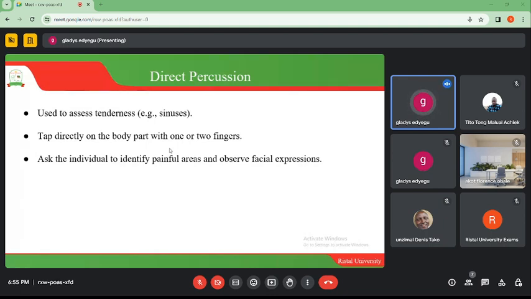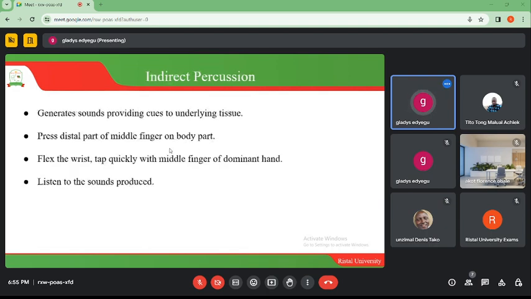Before you start percussing, you can ask your client to tell you which part of the abdomen is paining or which part of the chest they are feeling pain. When you're percussing, you start with the side where the patient is not feeling pain. Then when you come to the side where the patient is feeling pain, you be very keen to look at the facial expression of your patient as you're percussing, and also very keen to listen to the sound that will come from that area so that you can differentiate whether it is a normal sound or an abnormal sound.